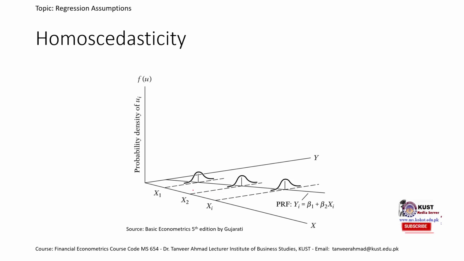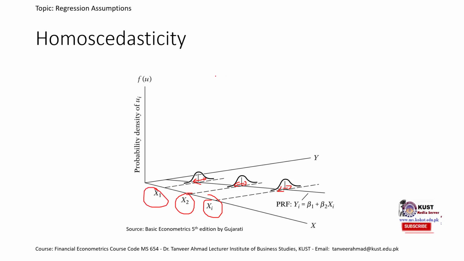We have this regression line, and these are the distributions of the error term. Now we can see that the dispersion between these error terms is constant no matter what the x value is. So for all the values of x, the variance is constant.